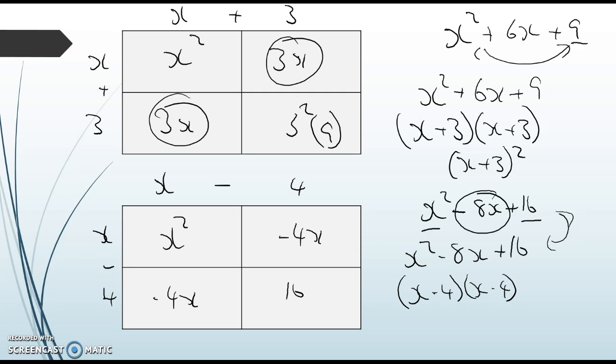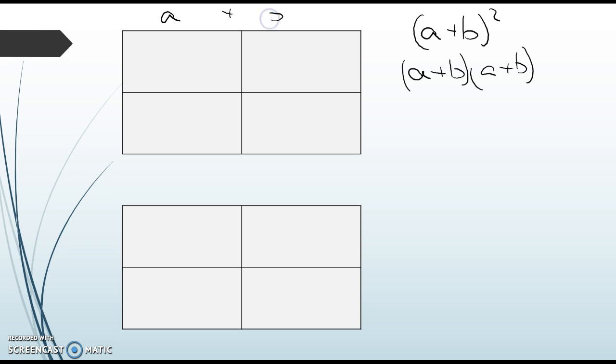So let's take the numbers out and just use some variables to explain this rule a little bit more. So we're going to go (a plus b) all squared. Let's write that a little bit neater. (a plus b) all squared, which is (a plus b)(a plus b).